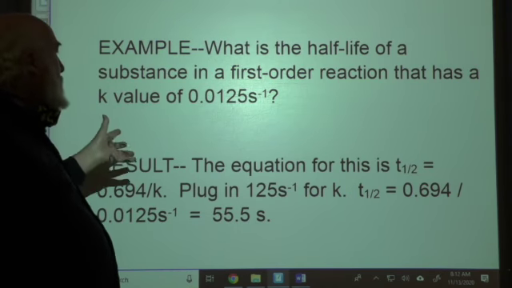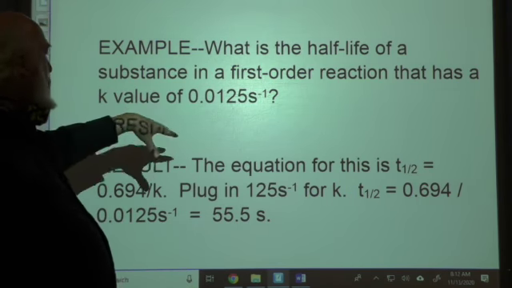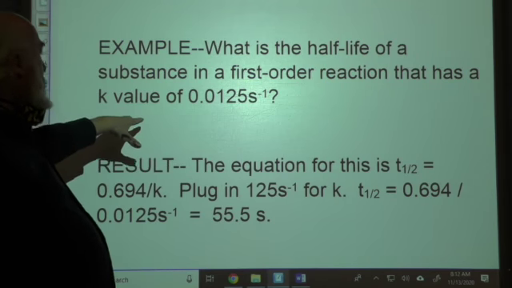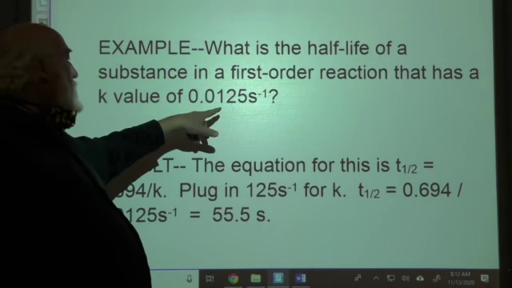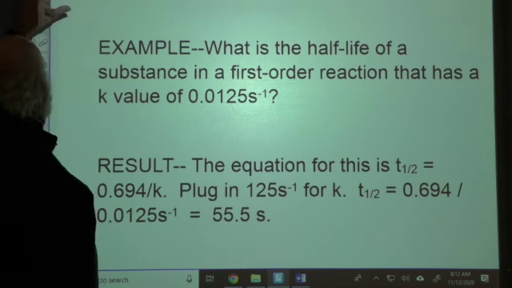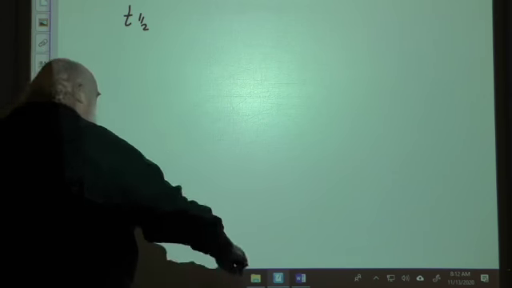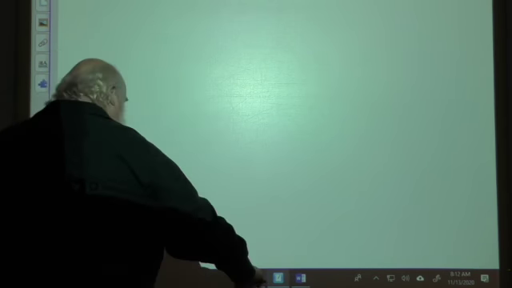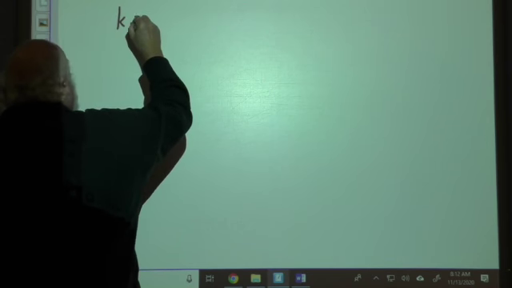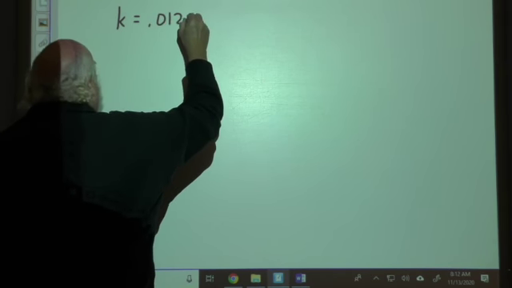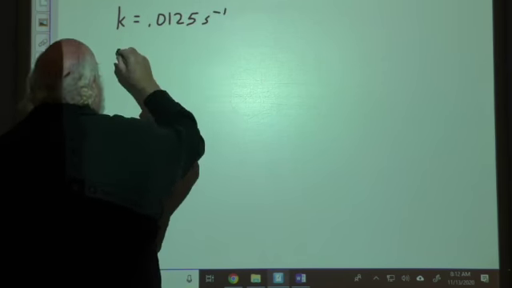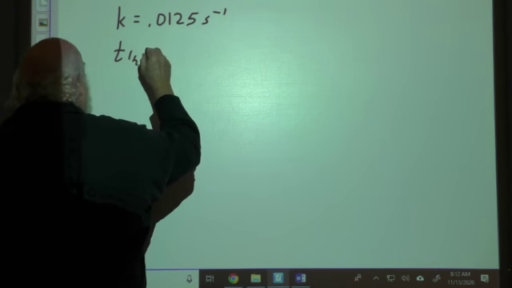What is the half-life of a substance in a first-order reaction that has a K value of 0.0125 seconds to the -1? So you have a value of K, which is 0.0125 seconds to the -1, and we want to find out what the half-life is for that.